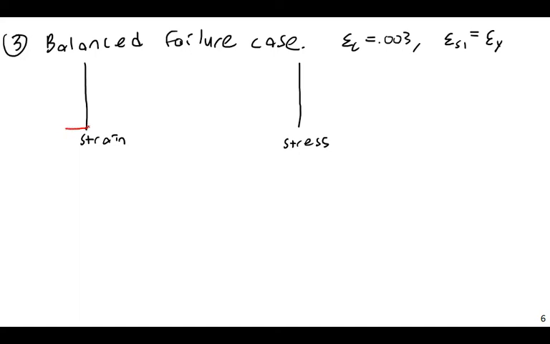Chandler, is it in the code that we can...? Interaction diagrams really aren't described explicitly in the code. They are mentioned in the commentary in chapter 10, but you're not going to find a step-by-step detailed procedure for calculating them. There are some ACI calculated ones that you can reference, but no detailed procedure to calculate the interaction.